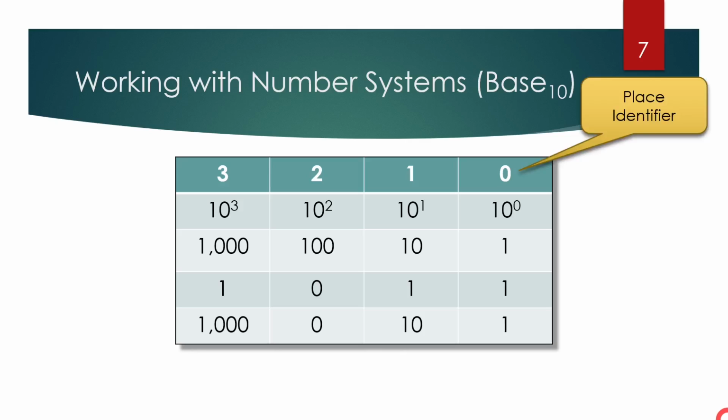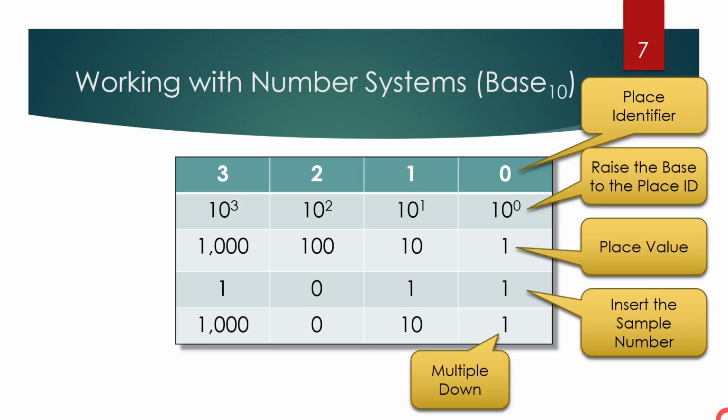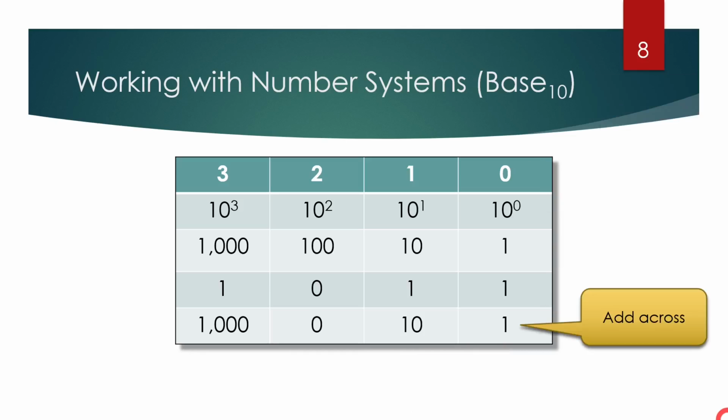A place identifier, in this case of 0: if we take the base and raise it to that place ID, we're going to get the place value. And then if we insert a sample number, we would just multiply down to find the weight of your specific sample number at that specific location. So in this case, we would add across, and the resultant would be 1011.